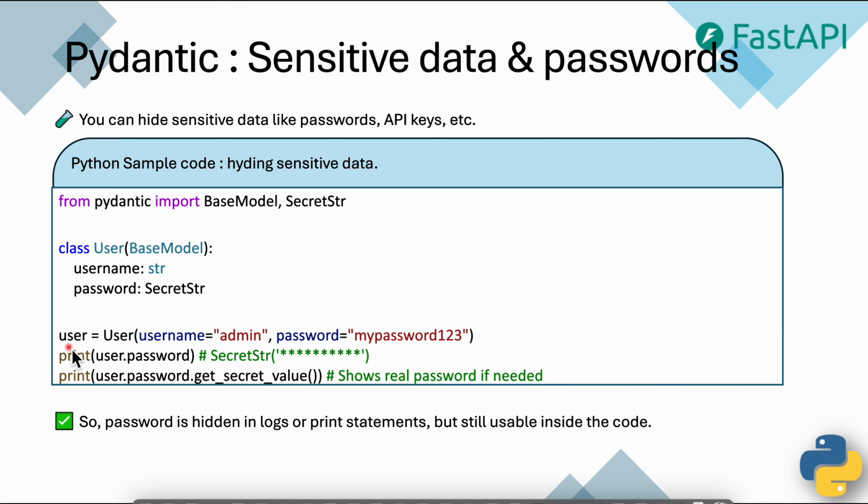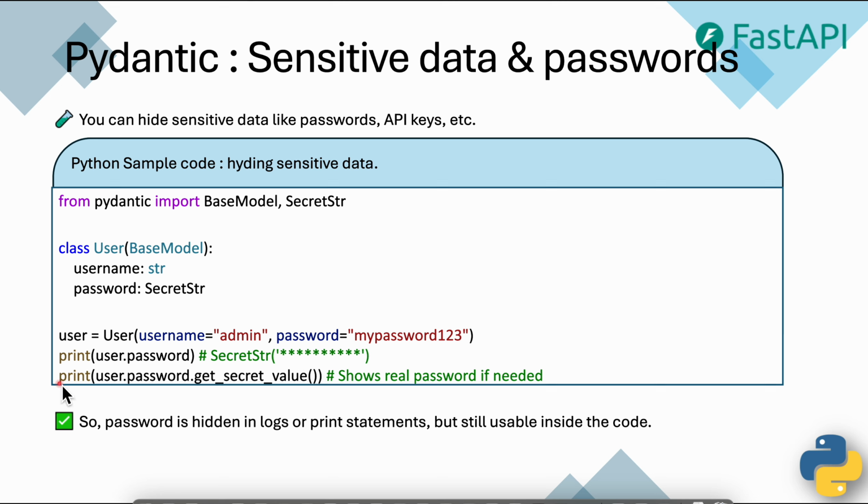Now a variable user is equal to User of username equal to admin, comma, password equal to mypassword123, assigned inside the variable object. Okay. Now print user.password. It prints SecretStr of stars. Funny, right?